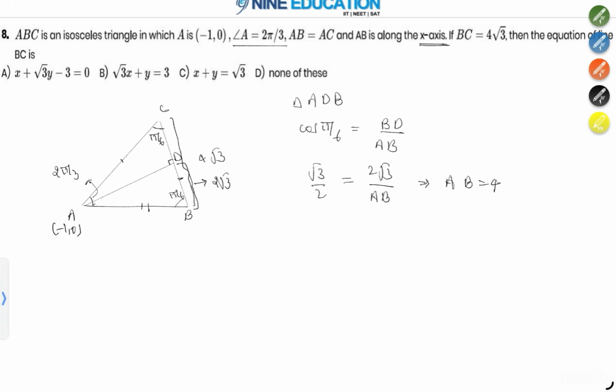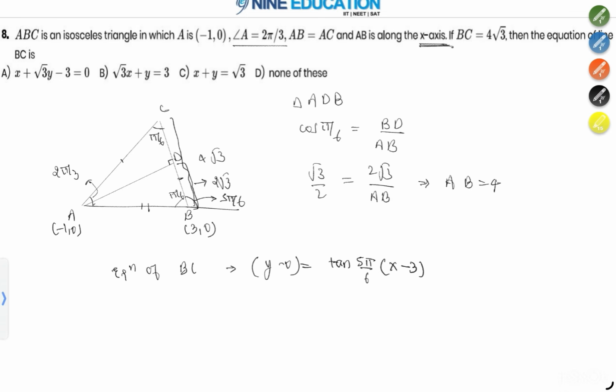So if AB is 4 and AB lies along the x-axis as well, we can say the coordinates of B are going to be 3 comma 0. And as this is the x-axis, this angle will become 5 pi by 6. So we get the equation of BC as y minus 0 equals tan 5 pi by 6 into x minus 3.